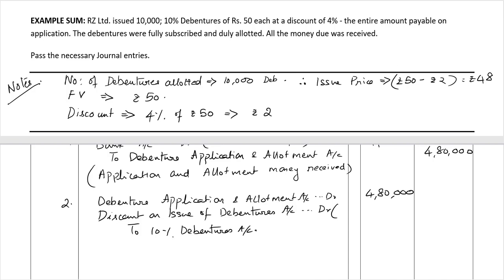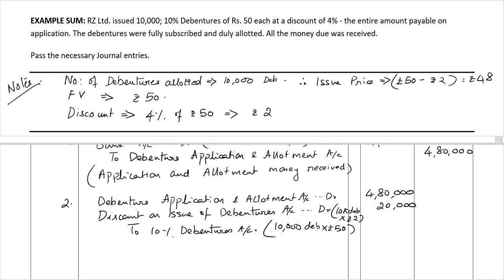Against discount on issue of debentures account, you will multiply 10,000 debentures multiplied by rupees 2 is the discount per debenture. So comes up to 20,000 rupees. And against 10% debentures account, 10,000 debentures multiplied by rupees 50 per debenture. Comes up to 5 lakh rupees. 10,000 debentures allotted.